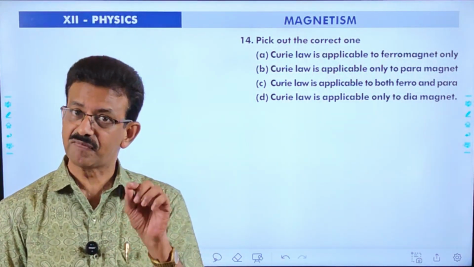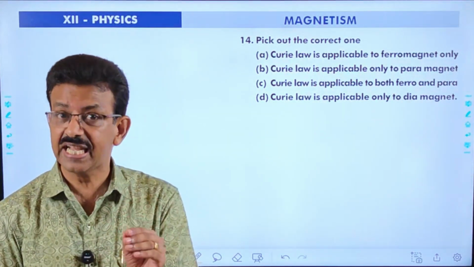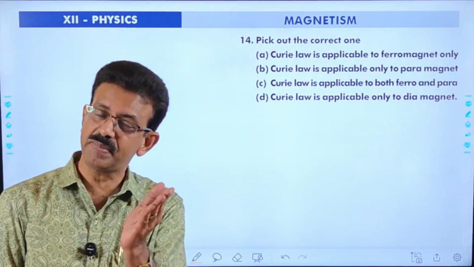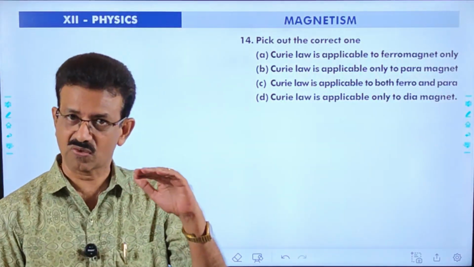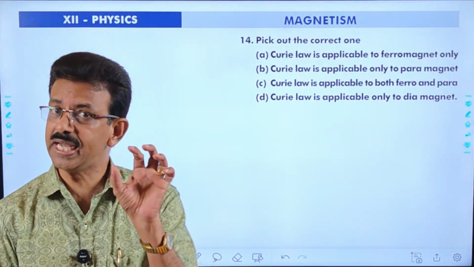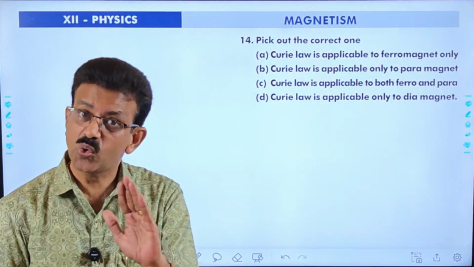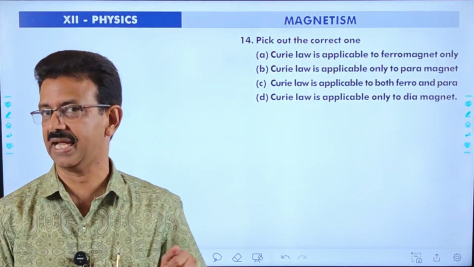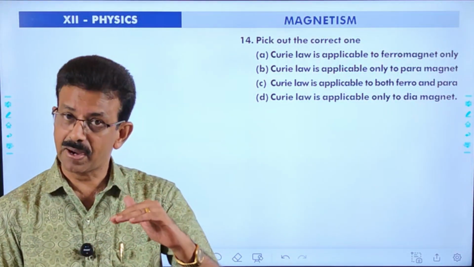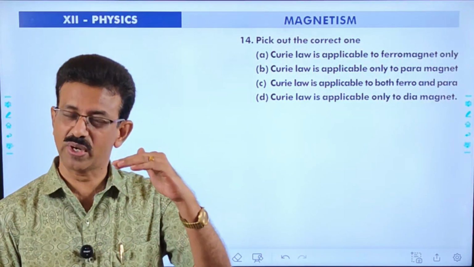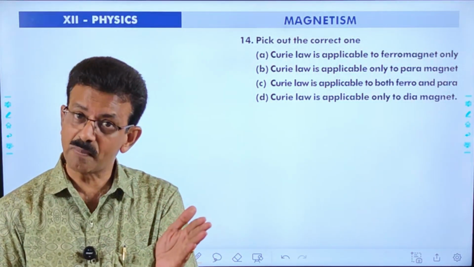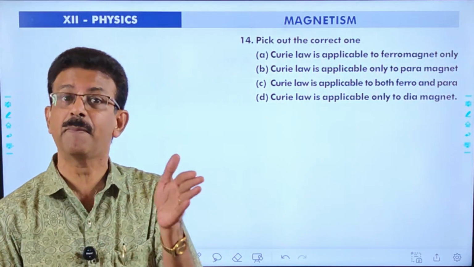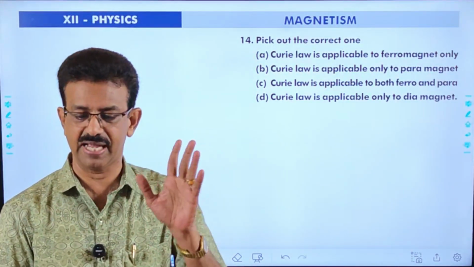But if a ferromagnetic material is heated above a particular limiting temperature called Curie temperature, it loses its ferromagnetism and becomes paramagnetic in behavior. That is, above Curie point or Curie temperature, a ferromagnetic material becomes paramagnetic in behavior.